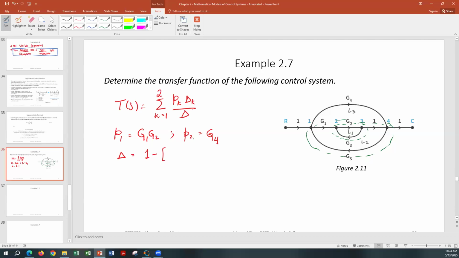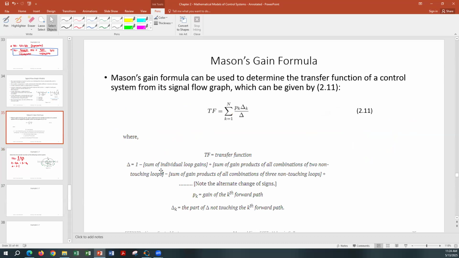So 1 minus loop 1 plus loop 2 plus loop 3, the sum of individual loop gains.